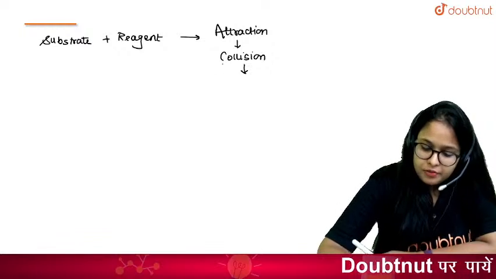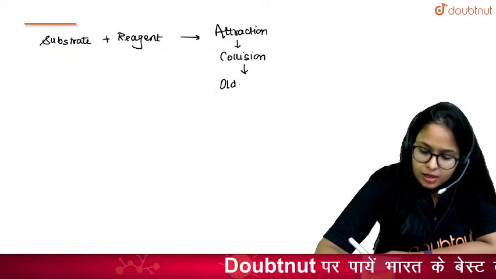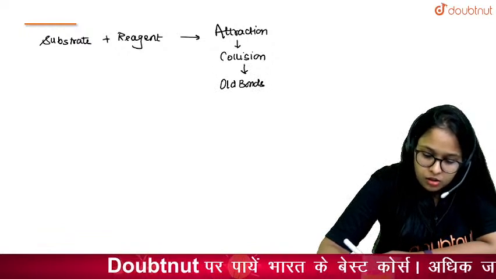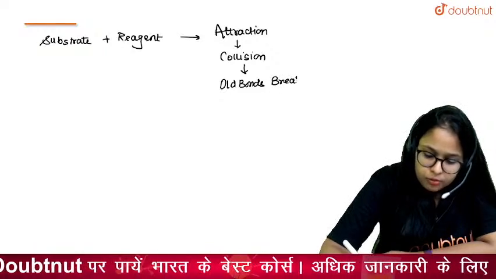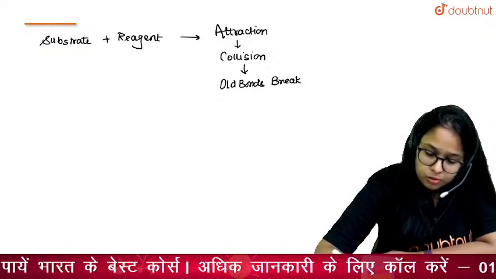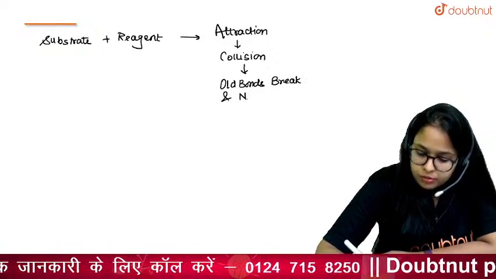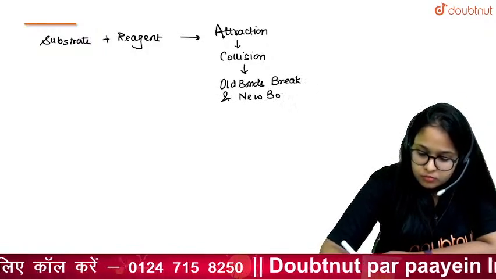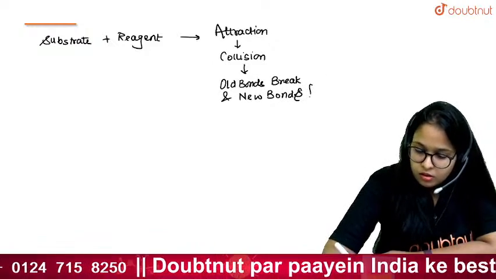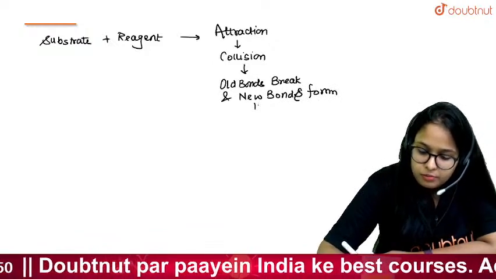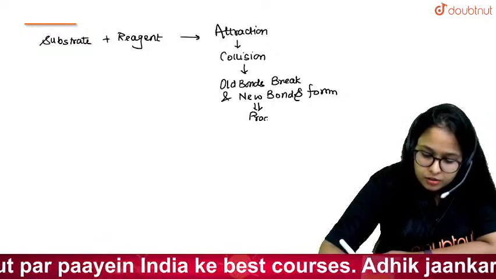During the release of energy, some old bonds are broken and new bonds are formed. Old bonds break and new bonds form, which further leads to the formation of your product, right?